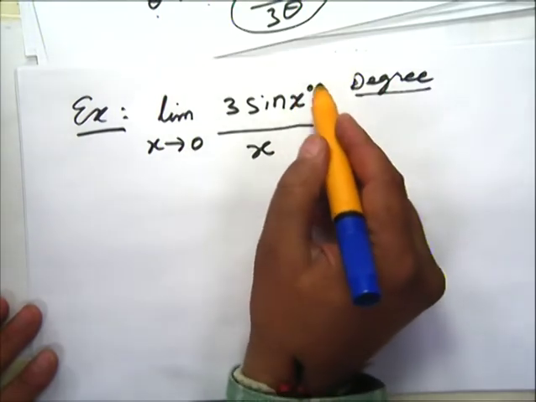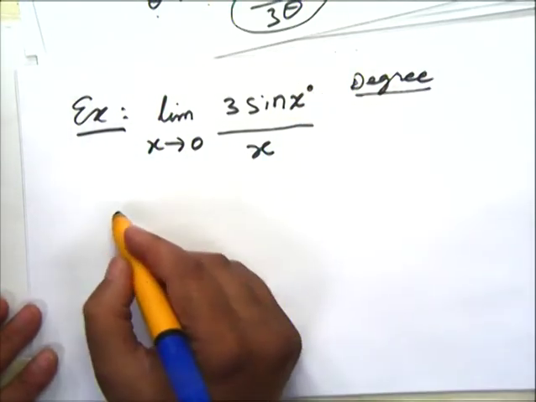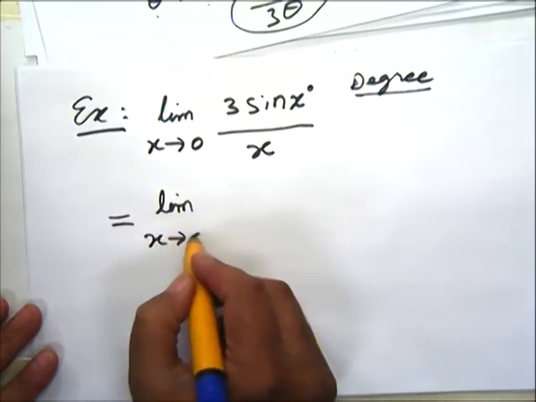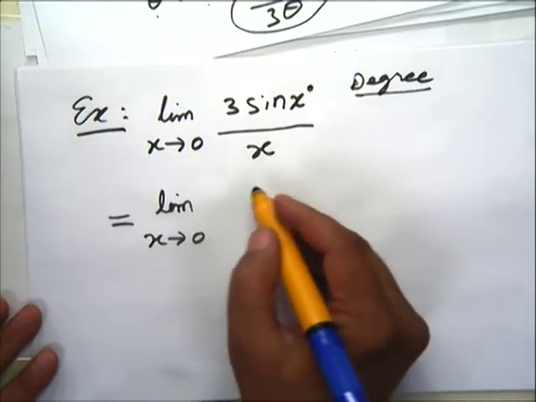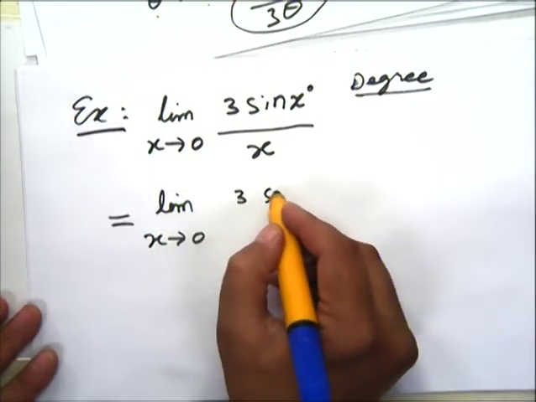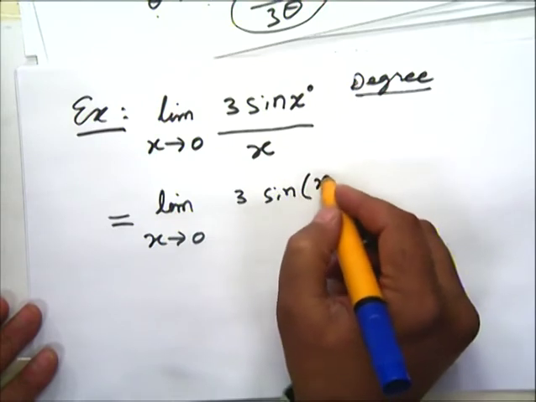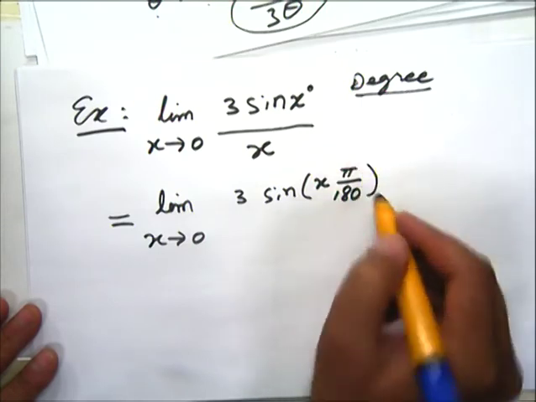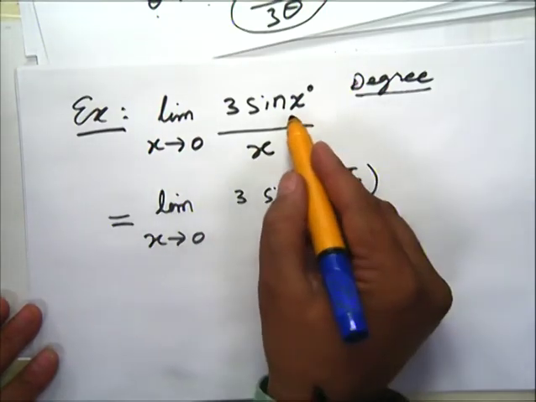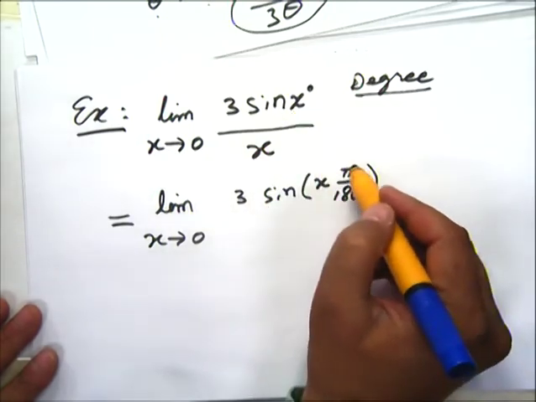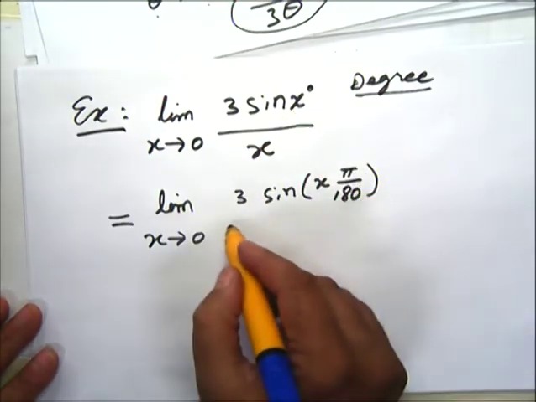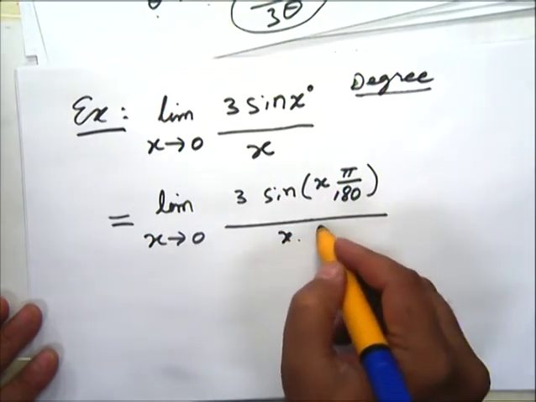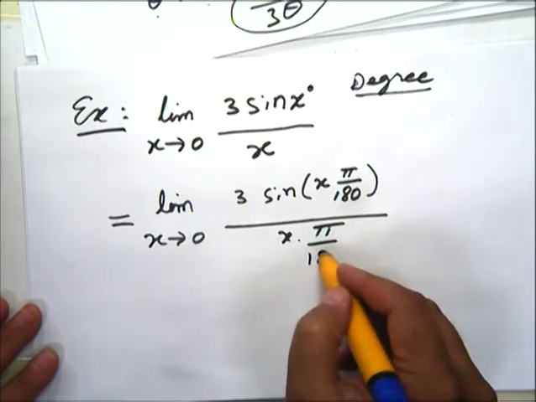So we have to convert this x degree into radian. So it should be limit x tends to 0 of 3 sine x pi upon 180 upon x into pi upon 180. What will we use to convert this into radian? We will use pi upon 180.